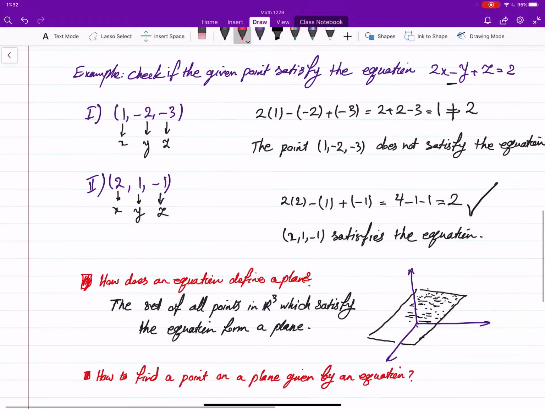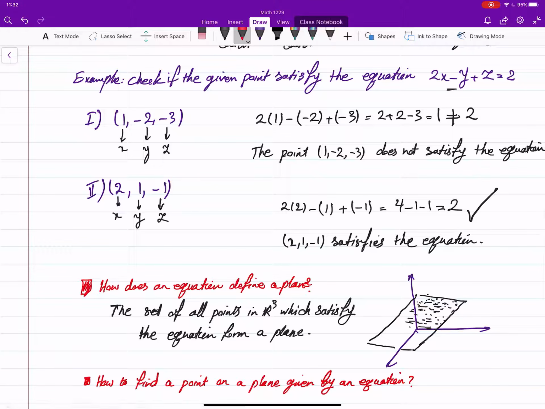Well, basically, you see here in this example, there is an equation and there's a point. I can plug in the point there and tell you if it is satisfying the equation or not. In other words, if it is on the plane or not.